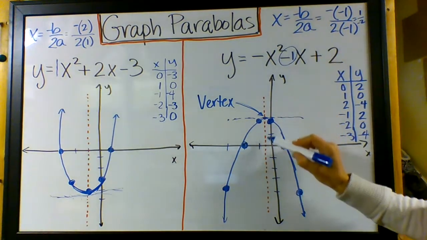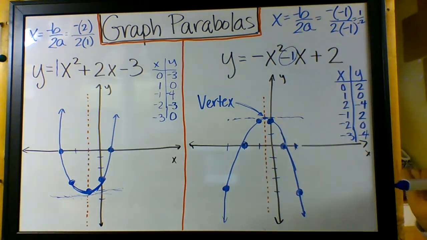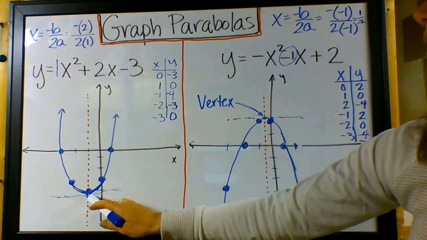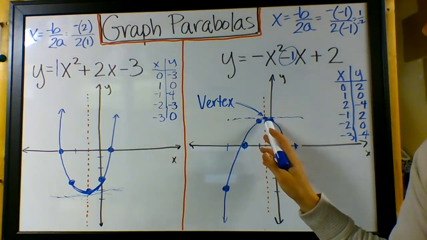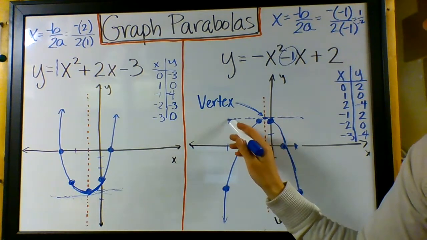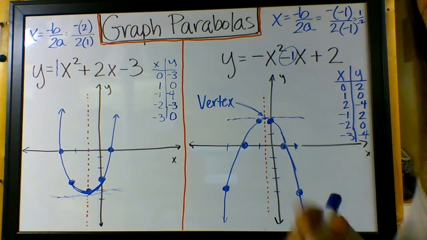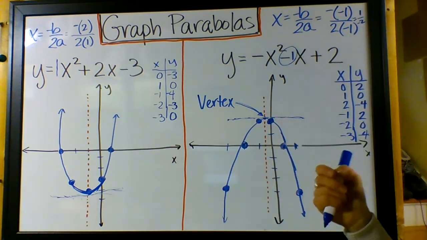And look at that, it matches up with what my table of values showed. This point here is called the vertex. This is a maximum value because it's the highest y that can occur.